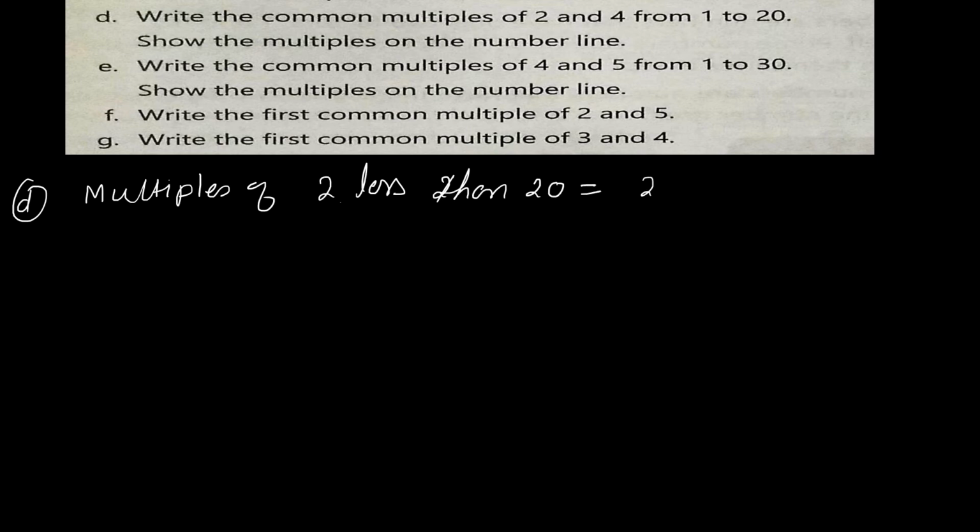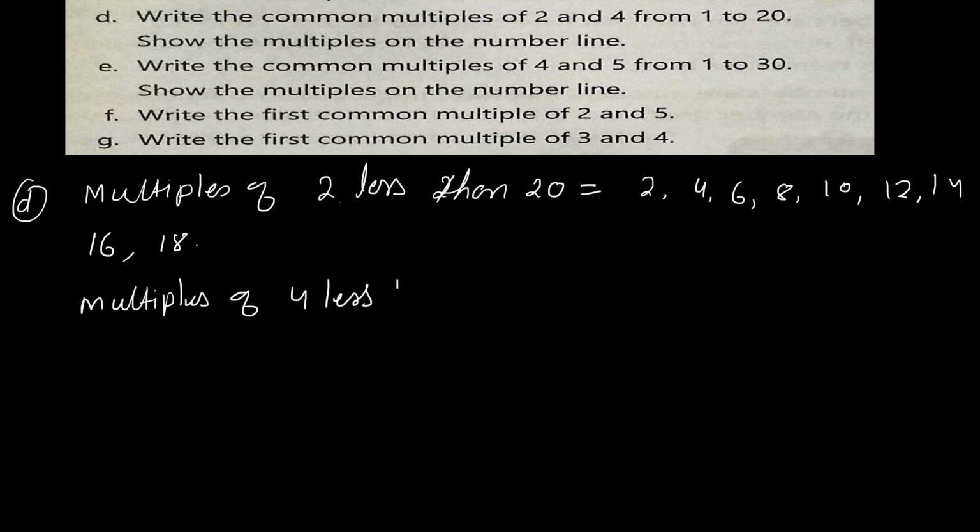So 2, 4, 6, 8, 10, 12, 14, 16, and 18. Done. Now multiples of 4. Multiples of 4 less than 20 are 4, 8, 12, 16.